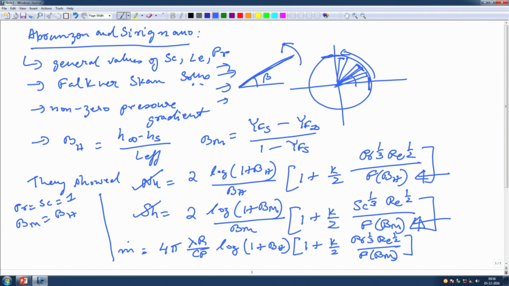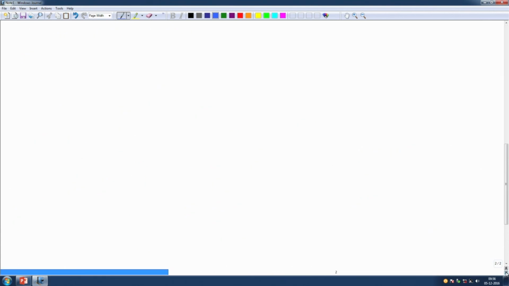Otherwise, if that is not the case, then normally your Bh is given as 1 plus Bm to the power of A, minus 1. That is otherwise, that means when that condition is not valid, when Prandtl and Schmidt numbers are not equal to 1.